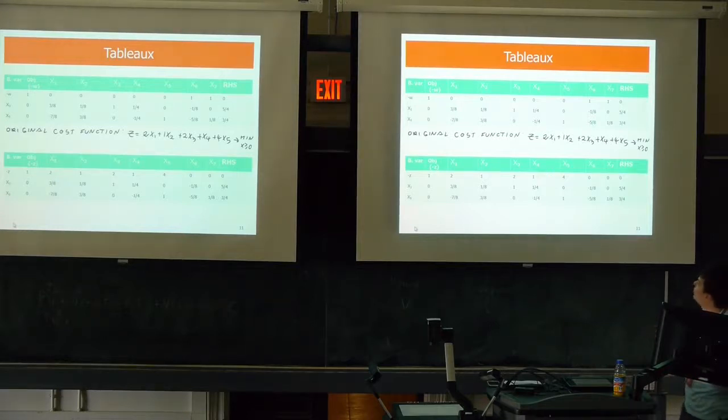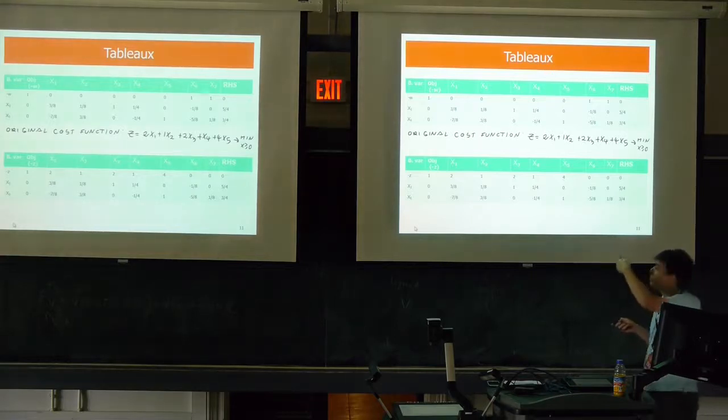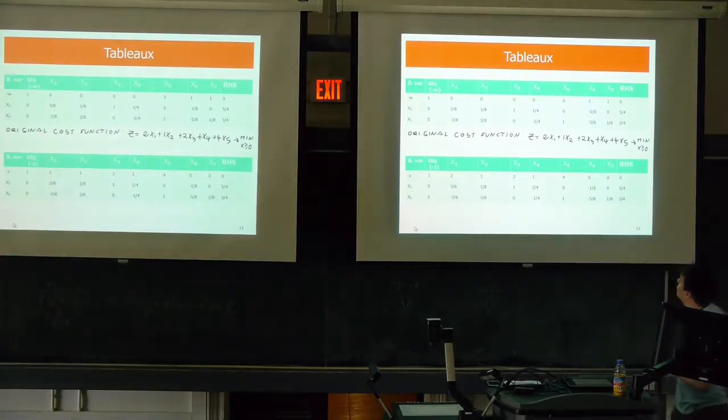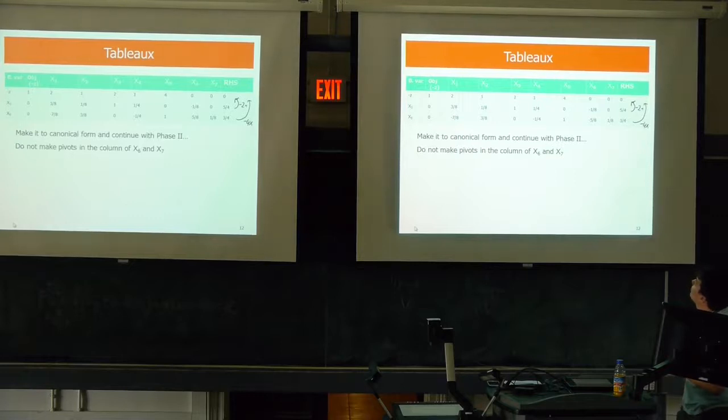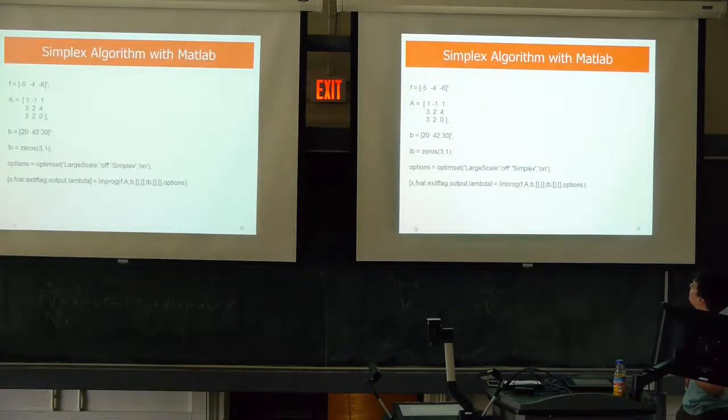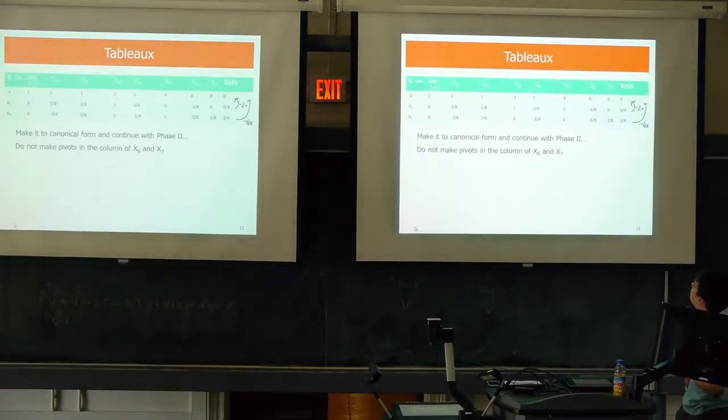Some tiny problem, though, is that now this is not in canonical form. But again, it is very easy to transform this to canonical form. Again, you just need to set this to zero.